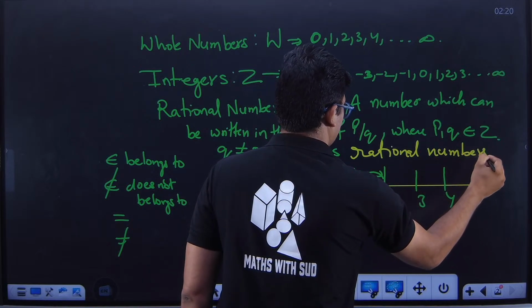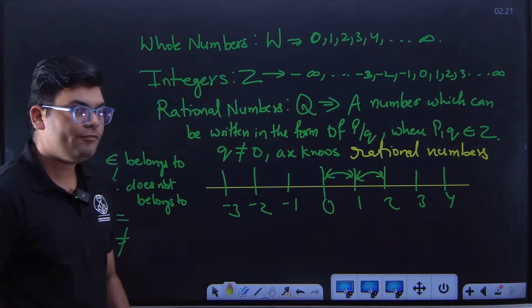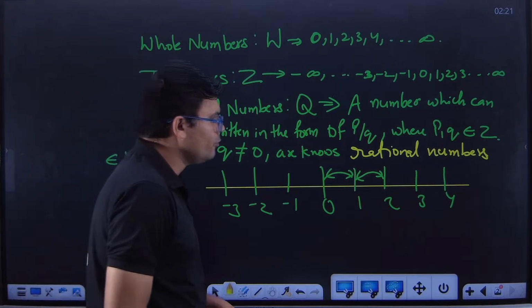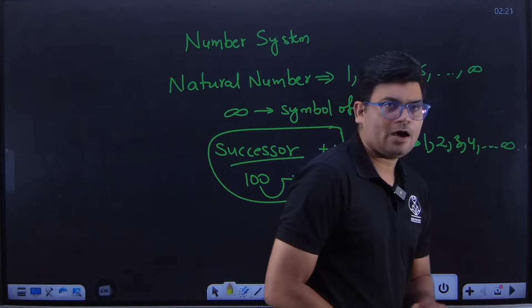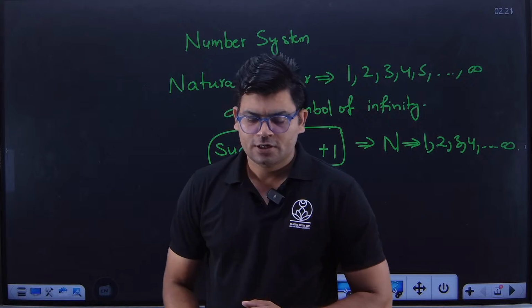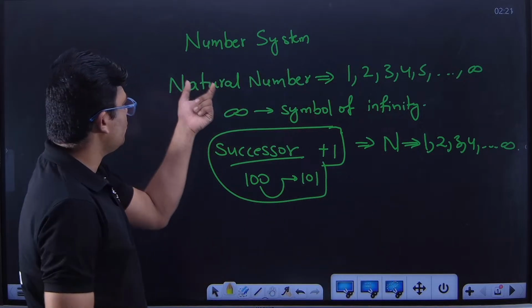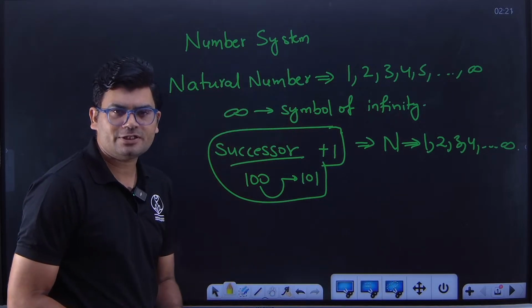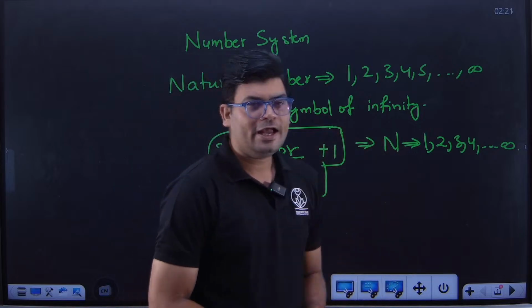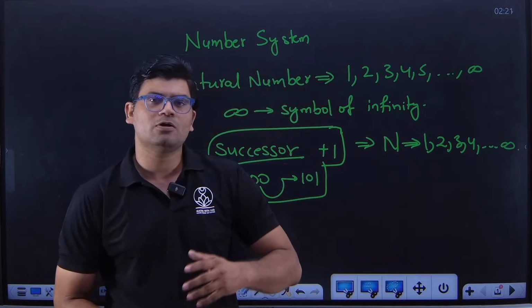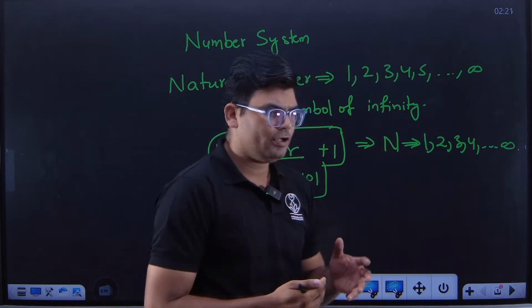So basically first we have to learn that there are 4 kinds of number systems. Till now for grade 6 to 8, the first kind of number system is known as natural numbers, which are represented by the capital letter N. It starts from 1, keeps on counting 1, 2, 3, 4 up to infinity.